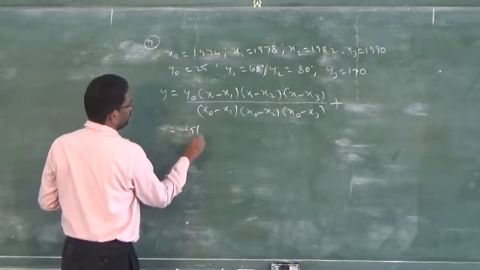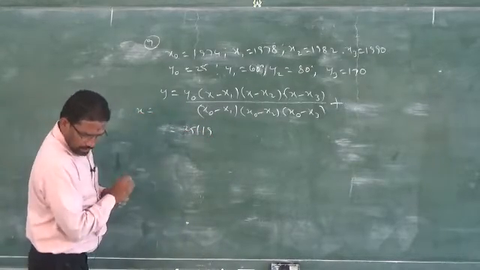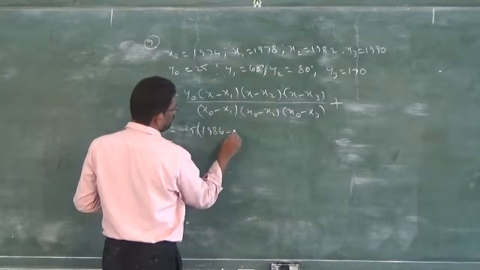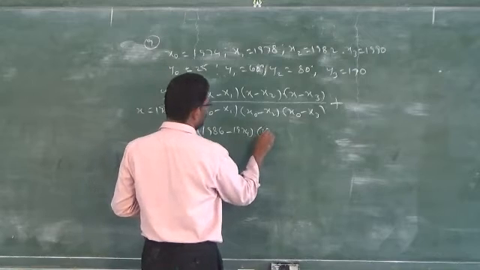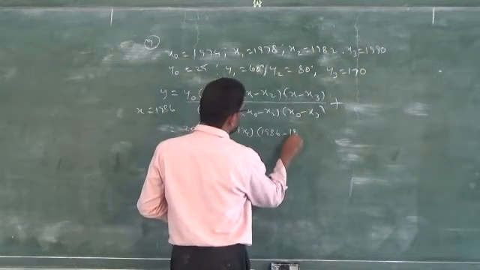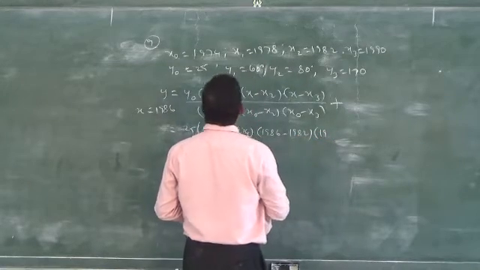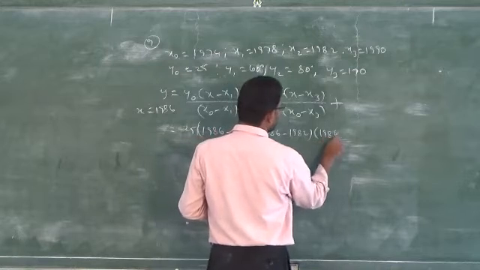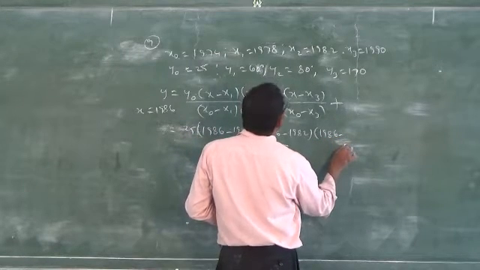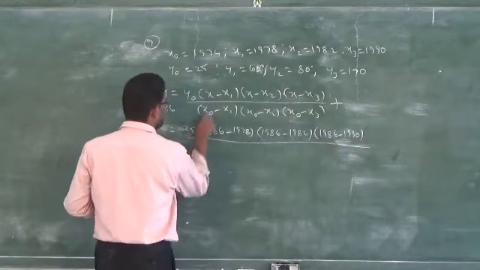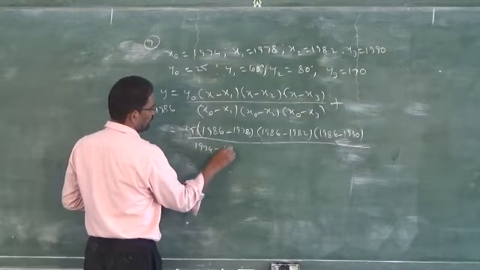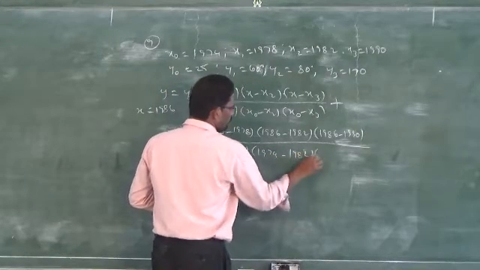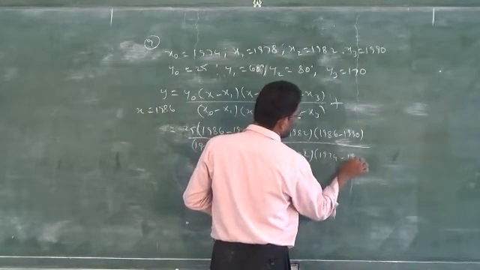So y0 is 25, x is given as 1986: 1986 minus x1, 1974, into 1986 minus x2, 1982, into 1986 minus x3, 1990, over x0 minus x1: 1974 minus 1978, 1974 minus 1982, 1974 minus 1990.